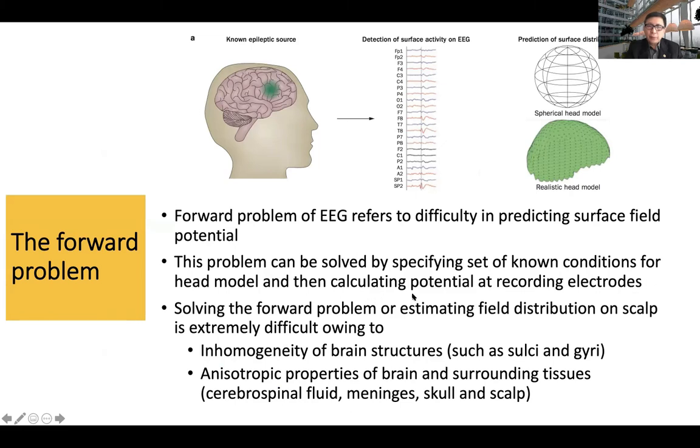Solving the forward problem, or estimating the field distribution on the skull, is extremely difficult owing to the inhomogeneity of the brain structure, for example the brain has sulci and gyri. Another problem is the anisotropic property of the brain, because the brain has different tissue densities, like fluid, meninges, and skull.